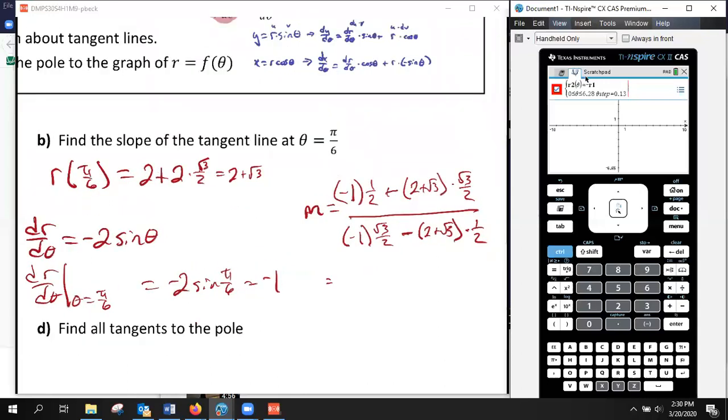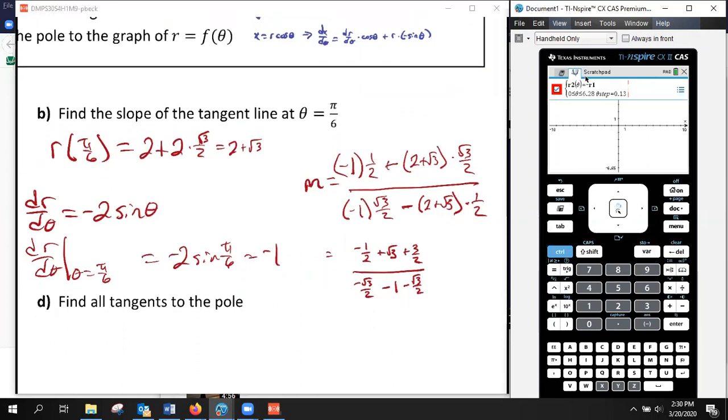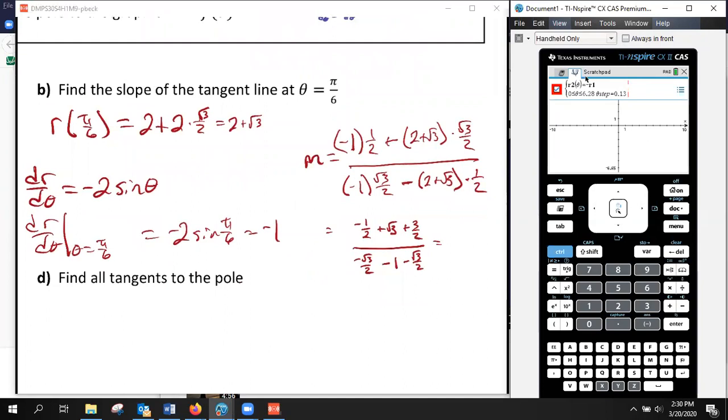So to clean it up, that would be -1/2 plus the square root of 3 plus 3/2 over negative square root of 3/2 minus 1 minus the square root of 3/2, which is a little bit cleaner.